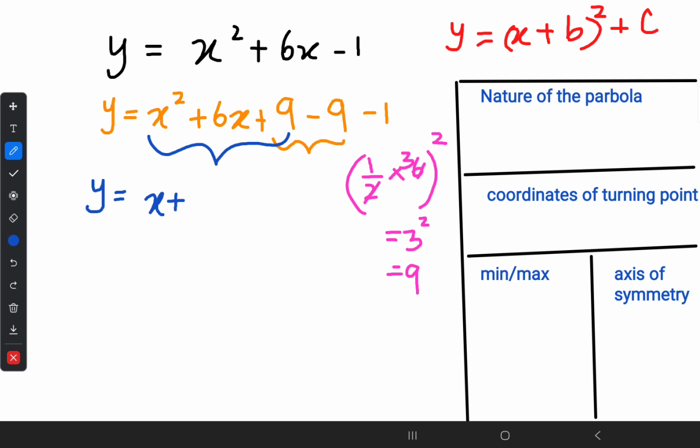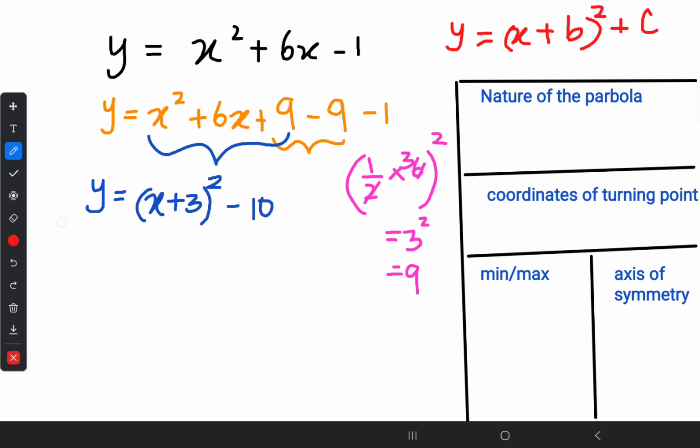From the third member, you have to select the square root of it. Square root of 9 would be 3. So x plus 3 whole square. No need to worry about it because you already know how to do the factorization of the quadratic function. So x square plus 6x plus 9 will become x plus 3 whole square, and thereafter the other two remaining values, negative 9 and negative 1, will become negative 10.